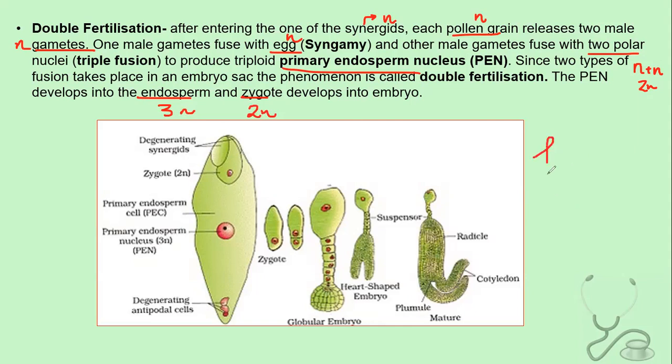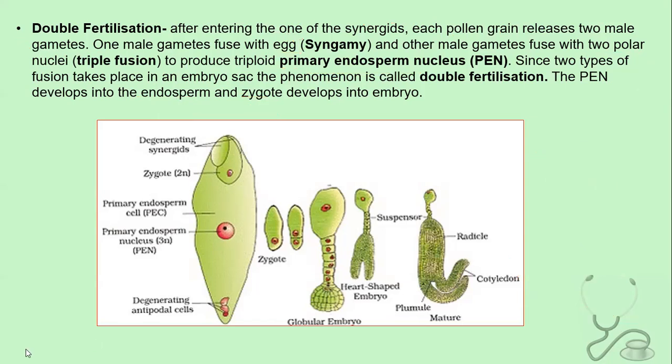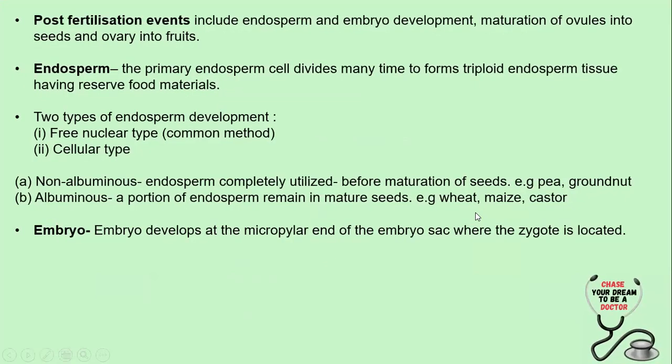Clear everyone? So pollen grain or the male gamete, it is N. The egg, it is N. Zygote, it is 2N. Endosperm, it is 3N. Very important. Apart from all other ploidies, endosperm ploidy is the most important one.